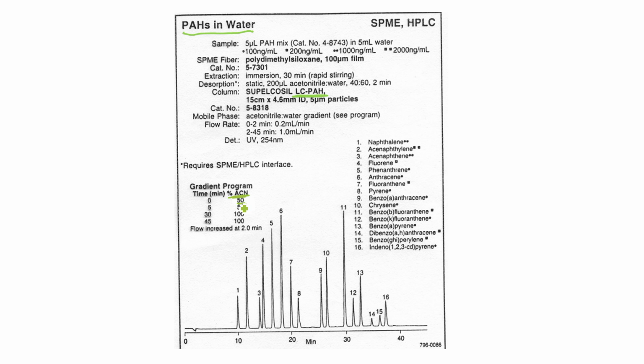You're going from 50% up to about 100% organic, with acetonitrile as the solvent, but it lets you separate. This is what they call the EPA 16 mixture of polyaromatic hydrocarbons. These are things we're concerned about being carcinogens, and we don't want to have these in the environment. We definitely don't want to consume these, so we study these to make sure that they're not in our drinking water.